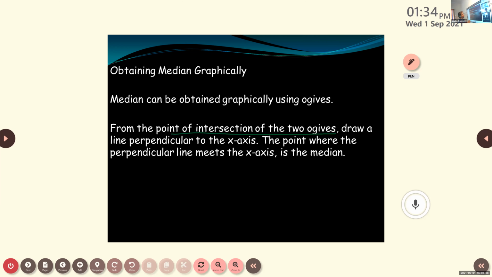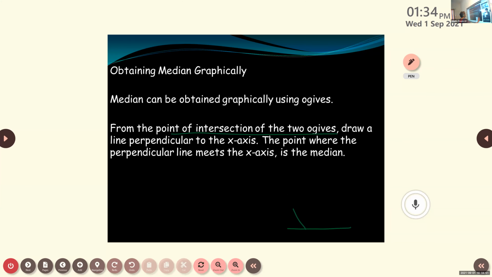There will be a point of intersection, like one will be like this, another one will be like this. From there, you draw a perpendicular line to the x-axis. The point where this line meets the x-axis is the median.